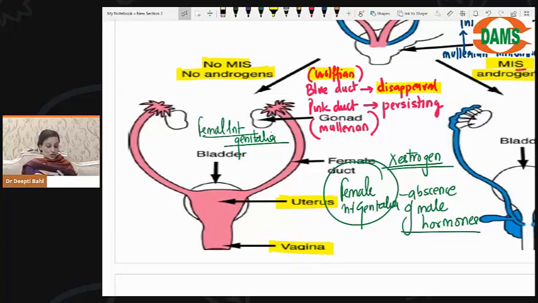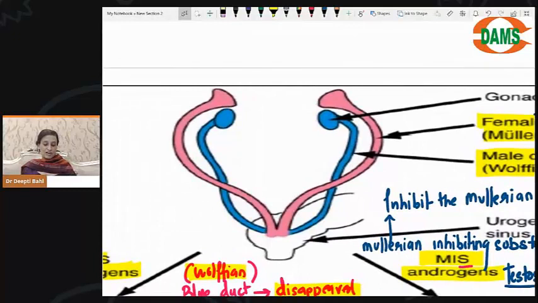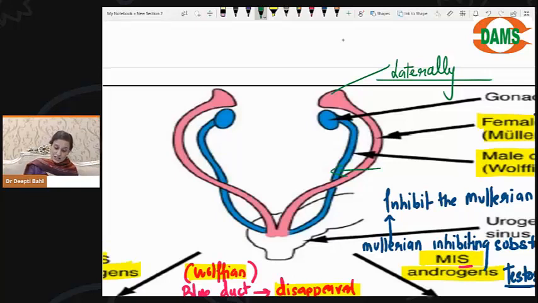So now look at the top diagram once again. I'm focusing it for you, right? The Mullerian ducts which were initially present laterally are crossing the midline, right?